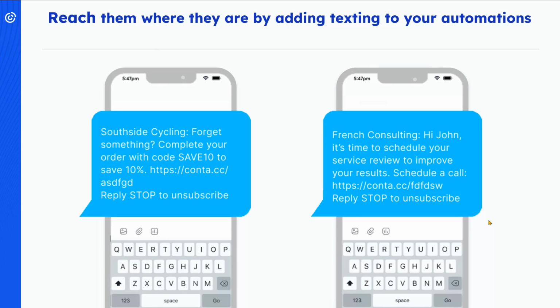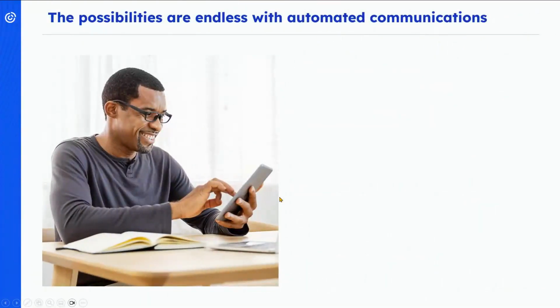But I have to mention, since SMS is not included on all plans, it is an add-on. So we're not going to focus on it too much for today's webinar. But just know if you do want to throw automated text messages into the mix of emails you're sending out, that is totally fair.